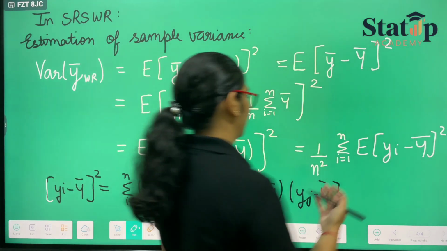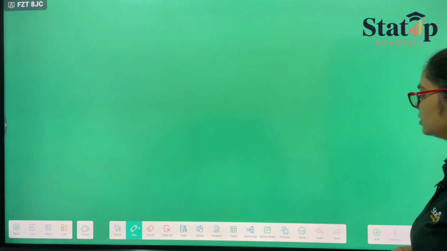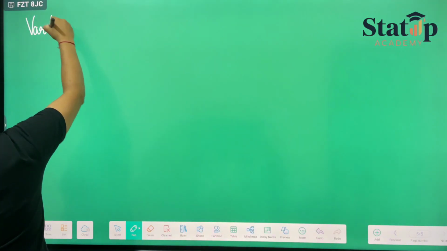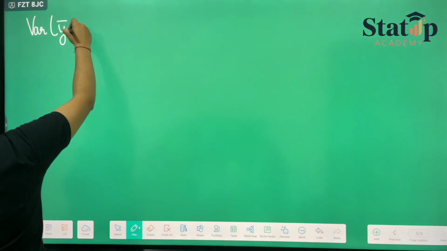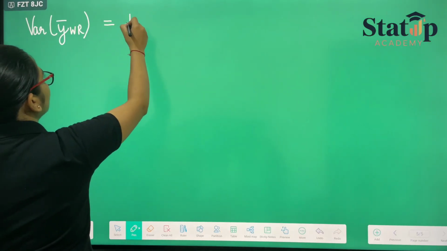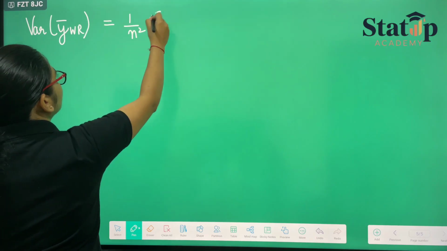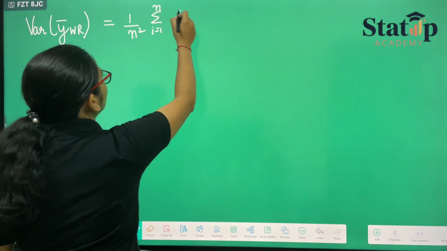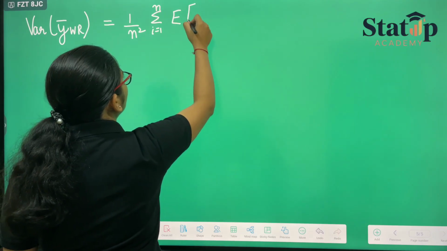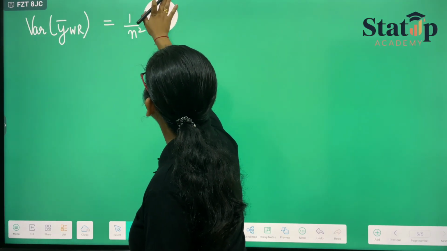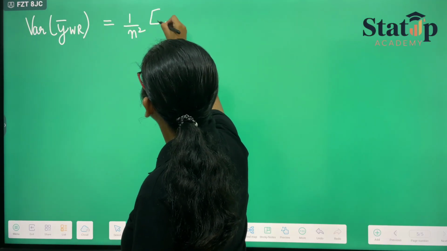So substituting this in here, variance of y bar with replacement is nothing but 1 upon n square summation i goes from 1 to small n estimation of, okay, let us take summation also inside and keep estimation outside.